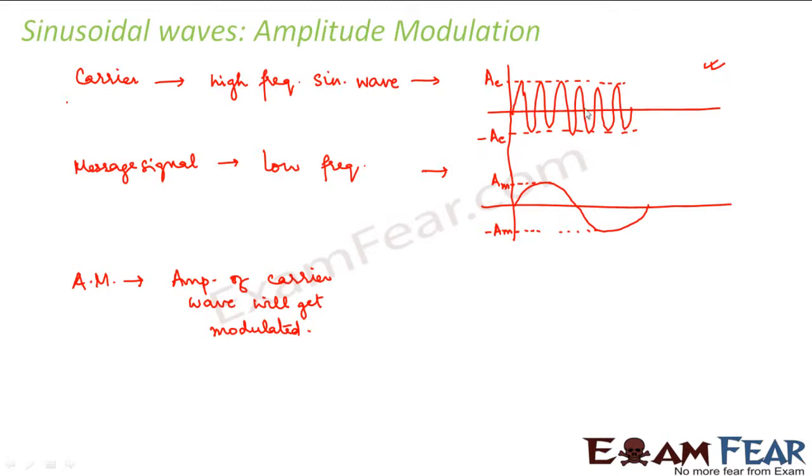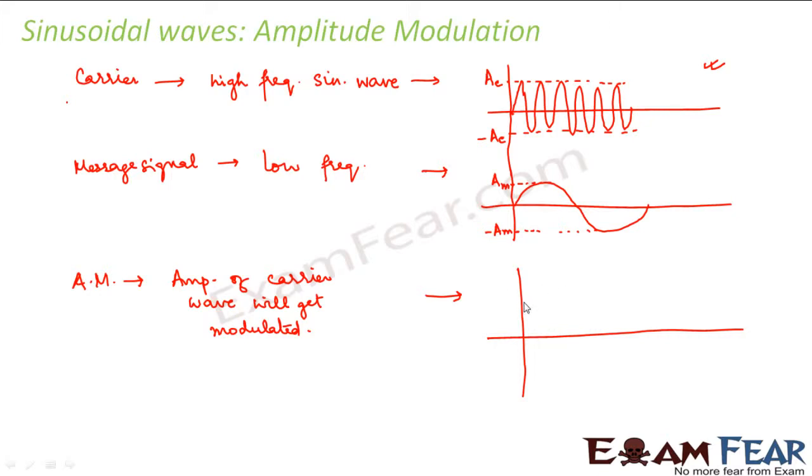What denotes frequency? How close these waves are with each other. That denotes the frequency, right? So that will remain the same, but the amplitude will vary. Now how will the amplitude vary? The amplitude will vary as per this message signal. So it would be somewhat like this after modulation.